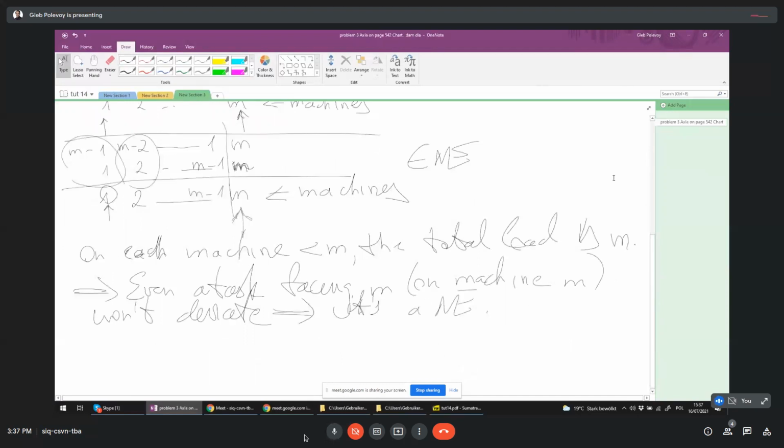The last task. So what's going to be the social cost? Its cost is 2M exactly, and then the ratio is 2M divided by what was the cost of this? M plus 1.